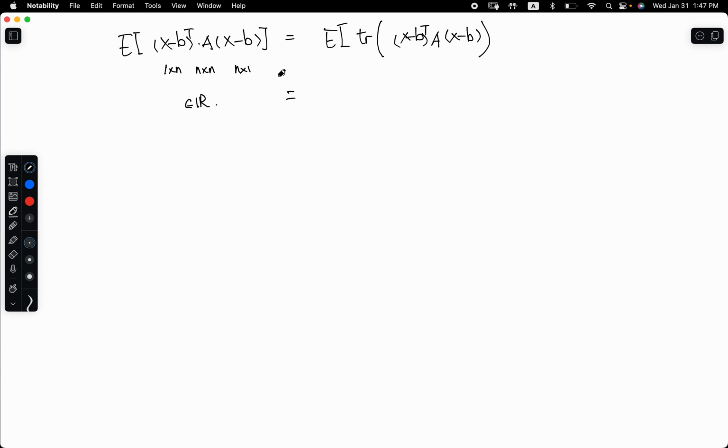So we have the expectation of the trace of a x minus b transpose.